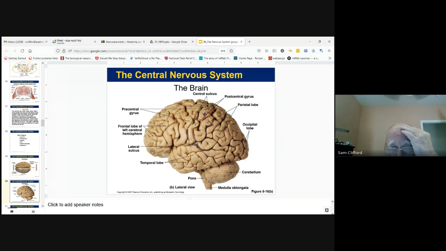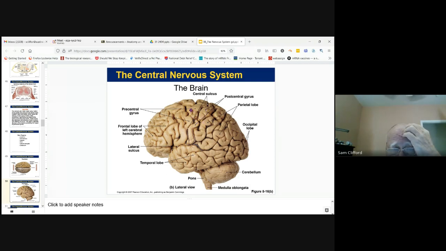This is going to be a processing center for somatosensory information, for afferent impulses that get to this part of the brain, carried up through the thalamus, and so on. So somatosensory input is analyzed here.